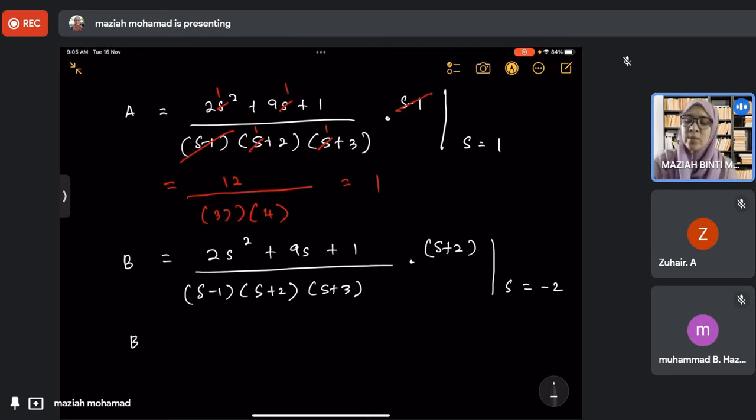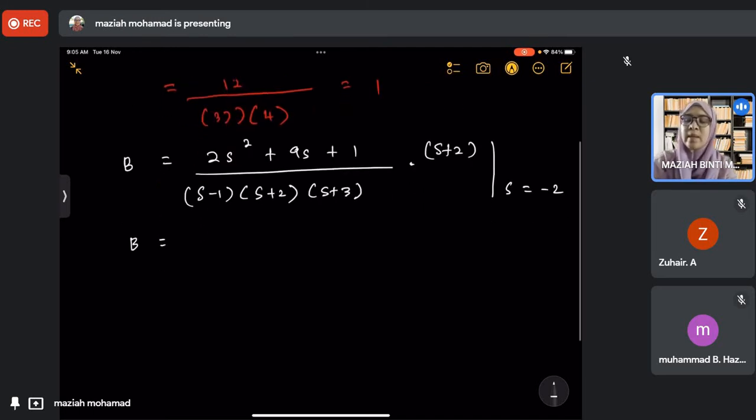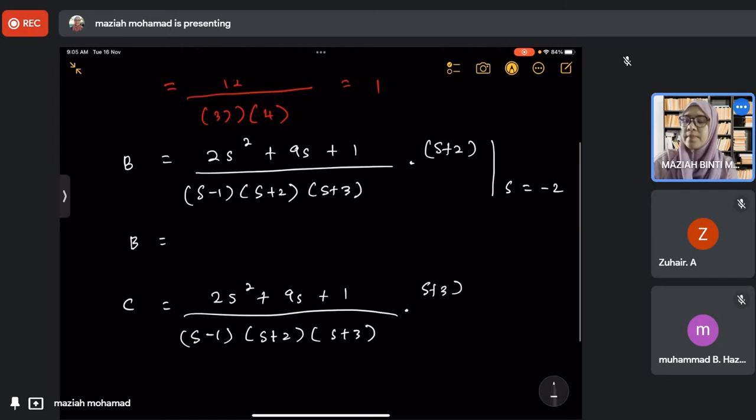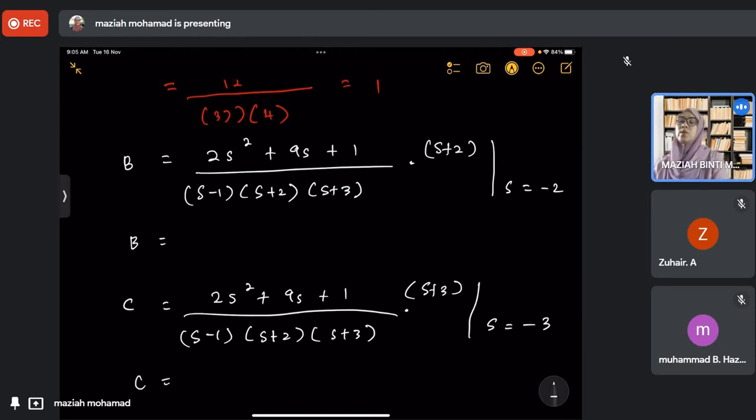So please calculate what you get for B. Then you do the same for C. Alright. So what would be the value for B and C?